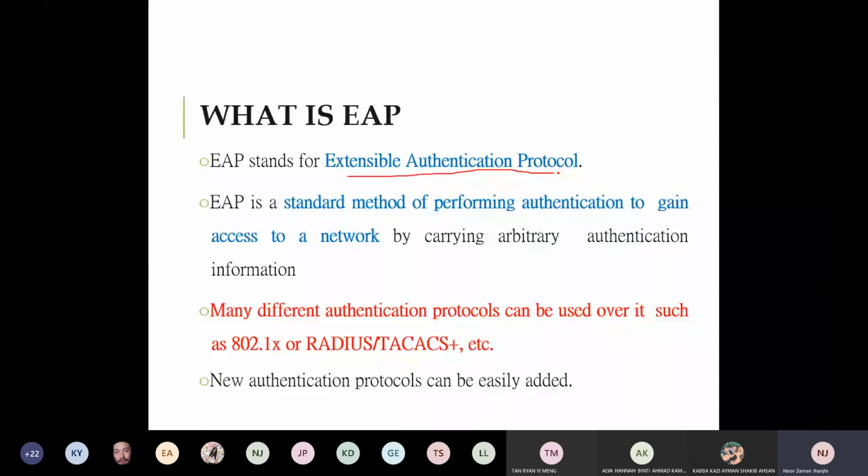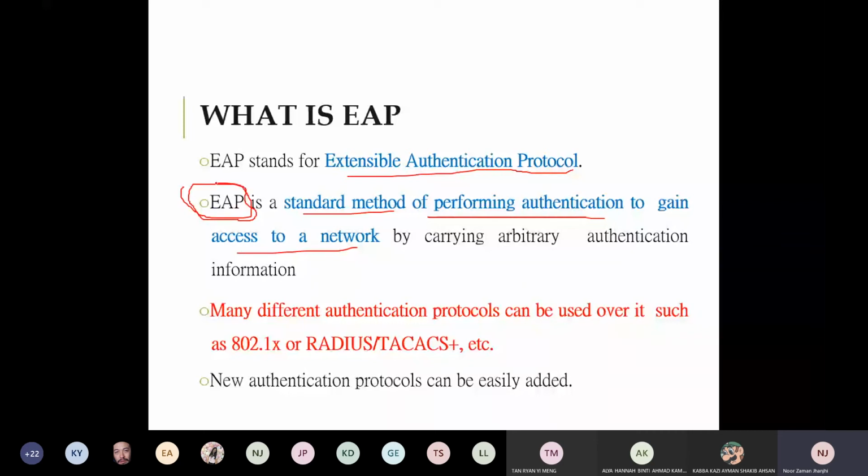Now it becomes easy because you understand the background, the framework and everything, and most of the things we already discussed. So EAP is the standard method for performing authentication to gain access to the network. EAP is the one that performs the action to give or grant the access.